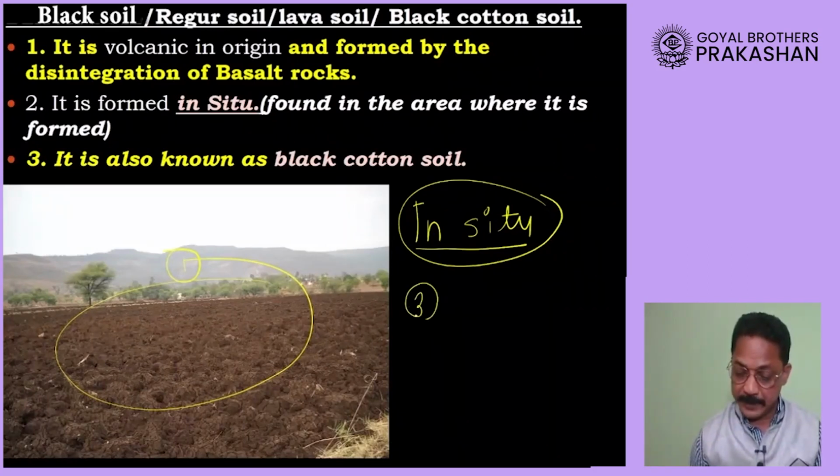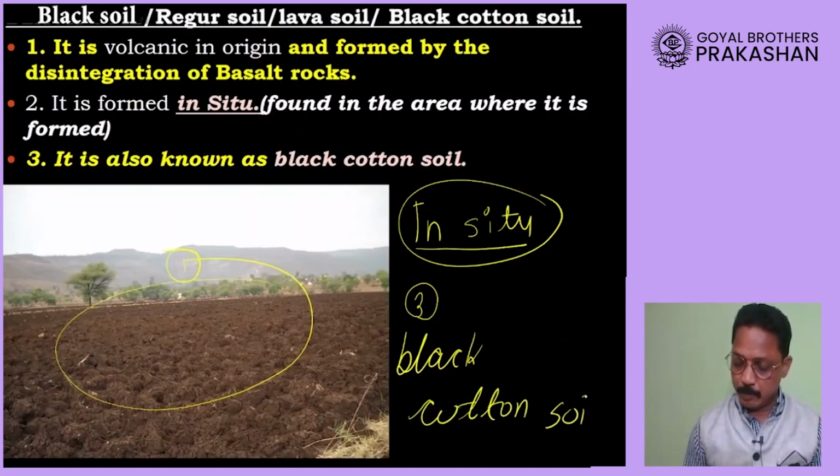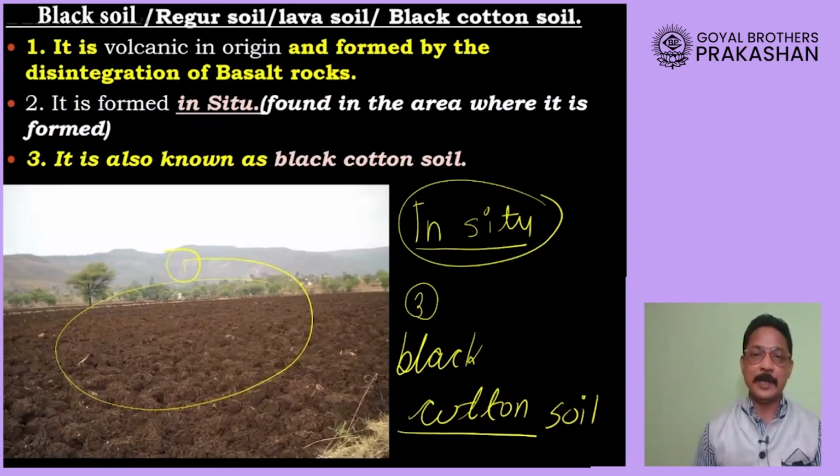Now the third very important characteristic of this soil, we also call it by the name black cotton soil. Now you might wonder, please remember, black cotton does not mean blackish cotton. Black cotton soil means this soil is best suited for cultivation of cotton, and that is why this soil is called black cotton soil.